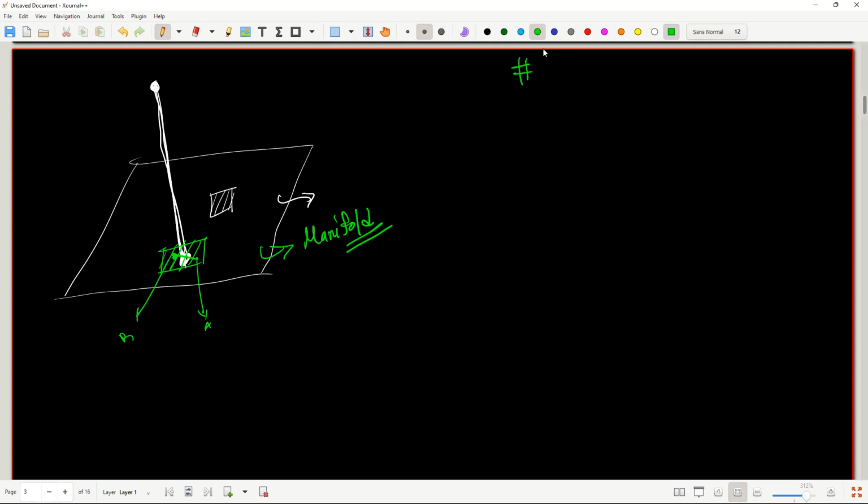So intuitively, what we say is that manifolds are locally flat.